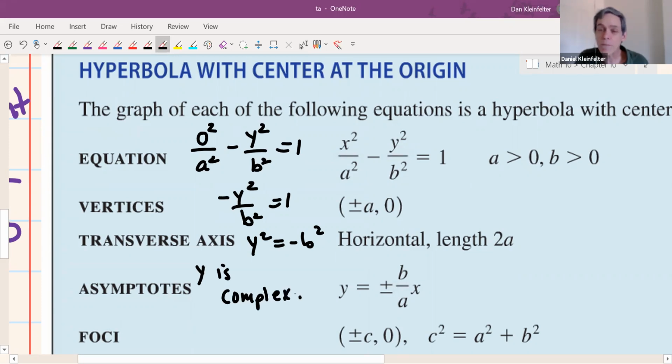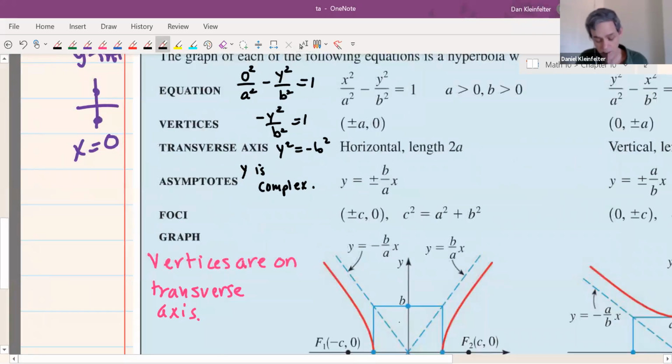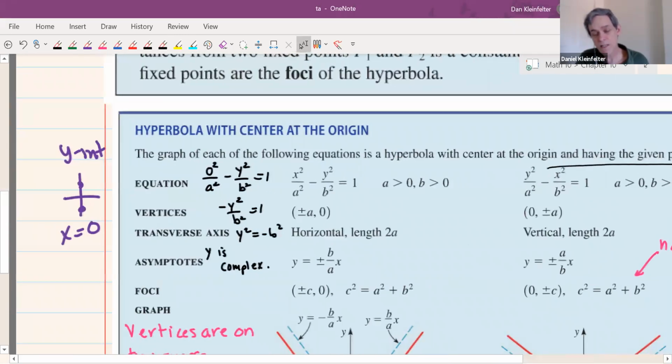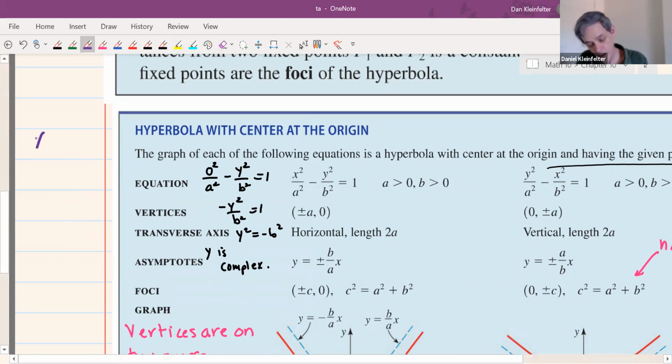So what that means as far as our picture goes is that there are no y-intercepts. And as you can see here on the picture, when x is 0, the graph, here shown in red, does not cross the y-axis. Okay, that's if we want to start thinking about y-intercepts. If instead you want to think about x-intercepts, okay, for an x-intercept, you have y equal to 0, right?